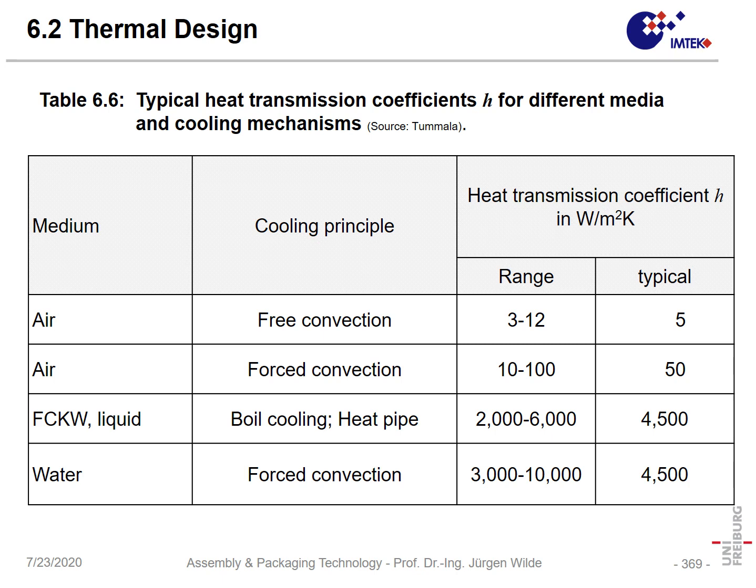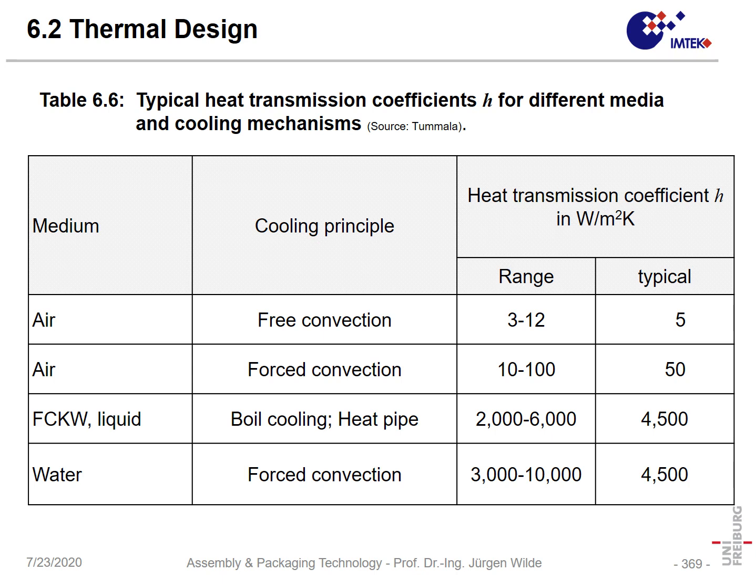again, to give you some examples, here from some other source, air free convection, they give 3 to 12 watt per square meter Kelvin. Somewhere in the middle is always a typical value. 10 to 100 we have also seen is typical for forced air with a fan.